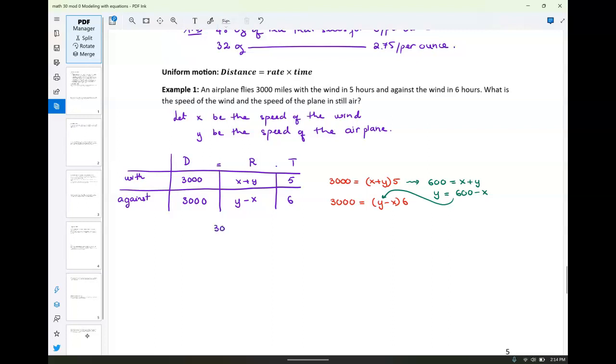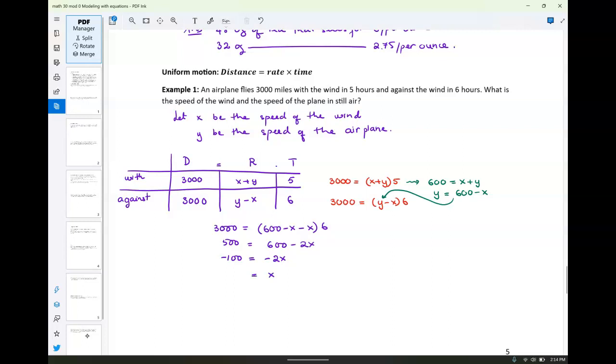This means 3,000 is equal to 600 minus x, times 6. I can divide both sides of this equation by 6. So 500 is equal to 600 minus x. I subtract 600 from both sides, so negative 100 is equal to negative x.